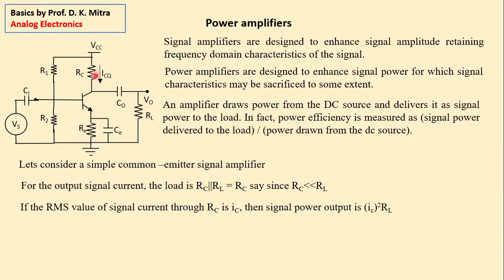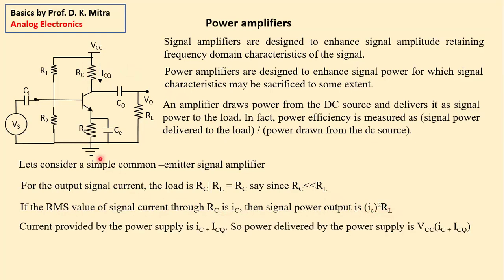Next, let us say the RMS value of this signal current is IC. Then what is the signal power output to this load RC? It is I square R, that means IC square RC. And what is the current provided by the power supply VCC? This provides ICQ, that means current for biasing, as well as this signal current.